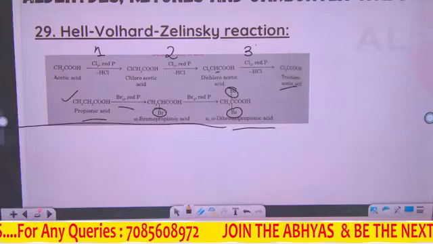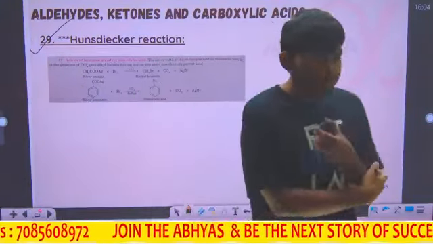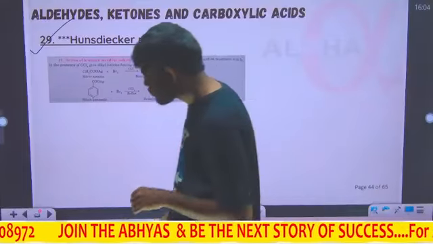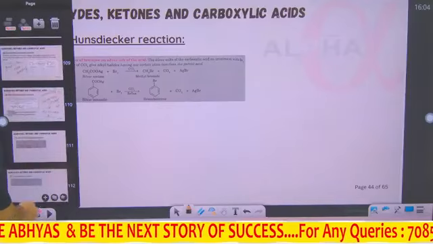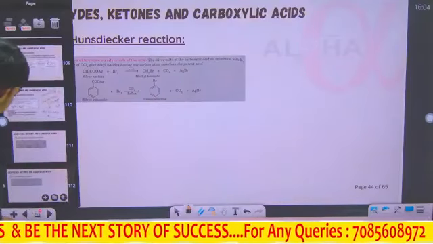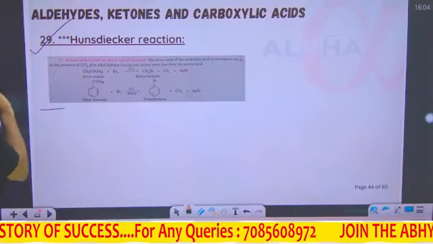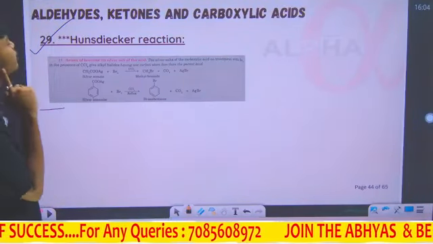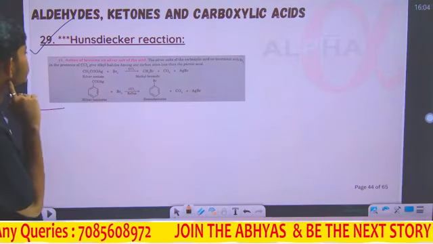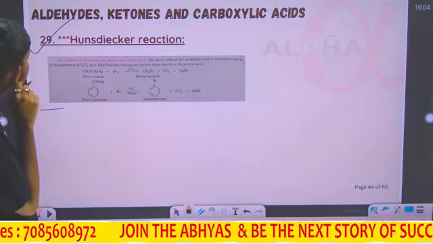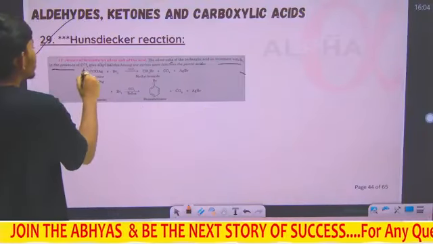Moving on, we have the Hunsdiecker reaction. What is the Hunsdiecker reaction? It's the silver salt of the carboxylic acid, the carboxylate ion reacted with silver, on treatment with bromine in the presence of CCl4.